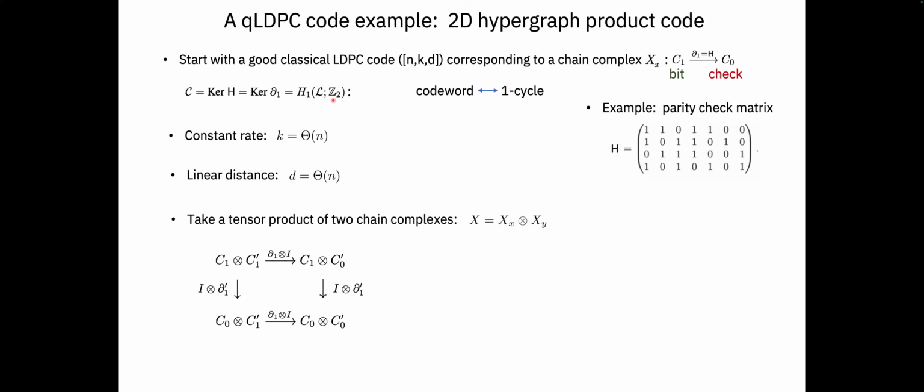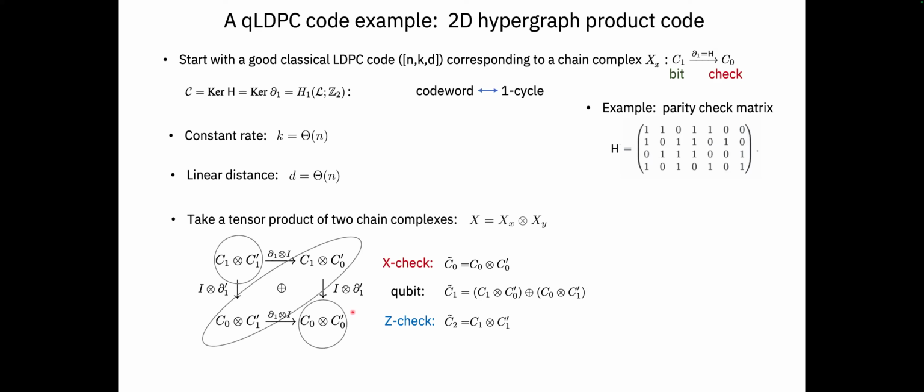So basically, you take a product of this complex in this form, and you will see that the combination of the zero cells in your classical code become the X checks, and the combination of the one cells become two cells, which will be the Z checks in your quantum code.